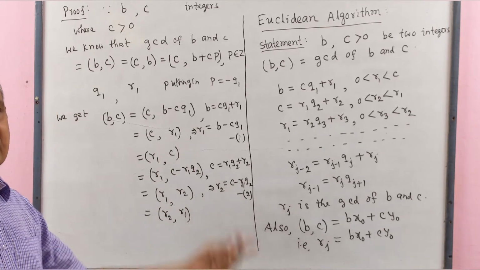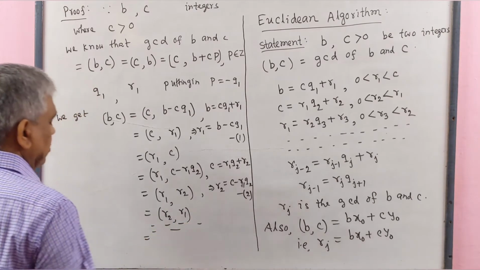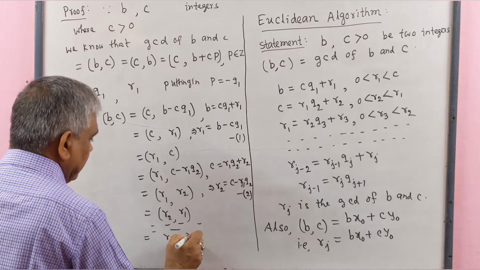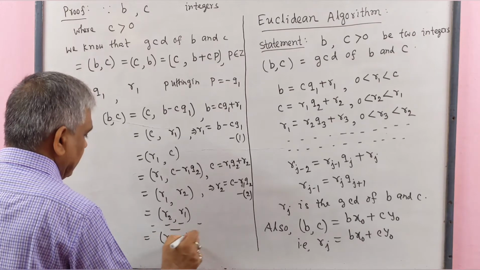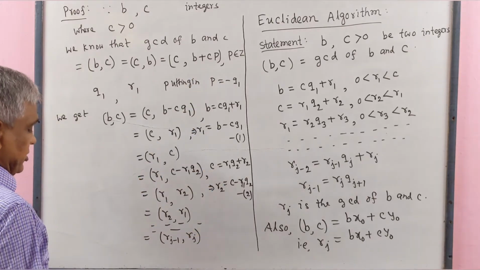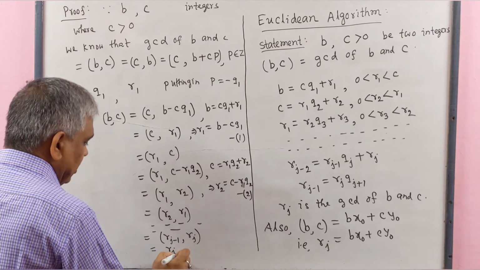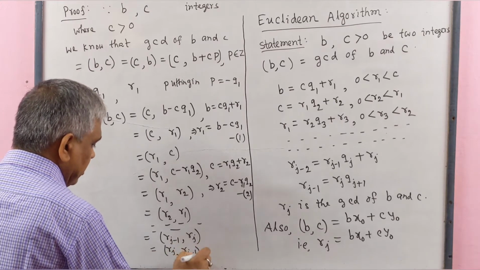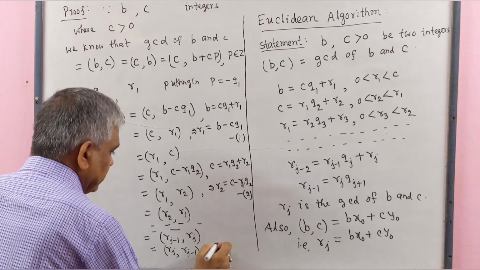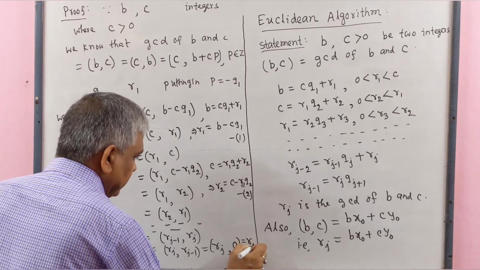And we proceed this process. We will get this equal to GCD of R j minus 1 and Rj, which are all remainders in the division process, and this equals GCD of R j minus 1 and 0, and this equals Rj.